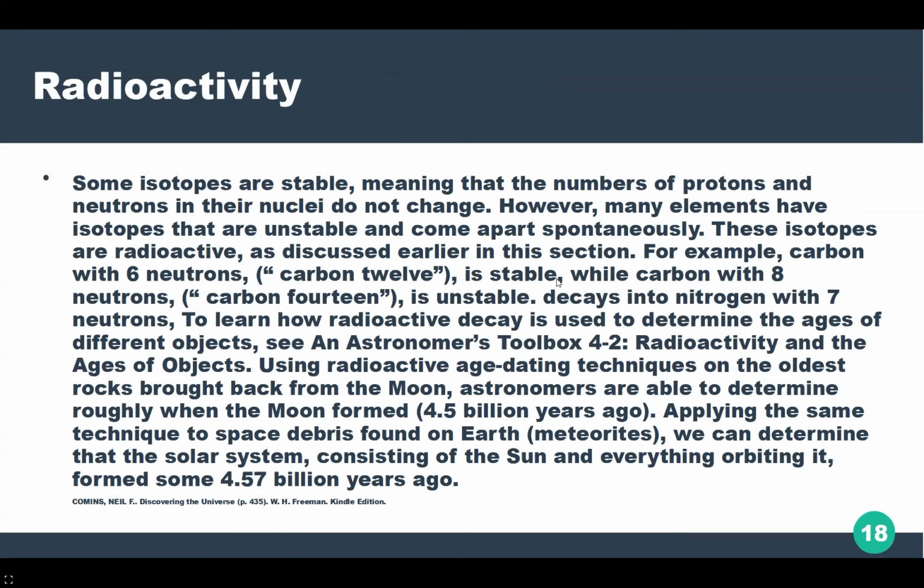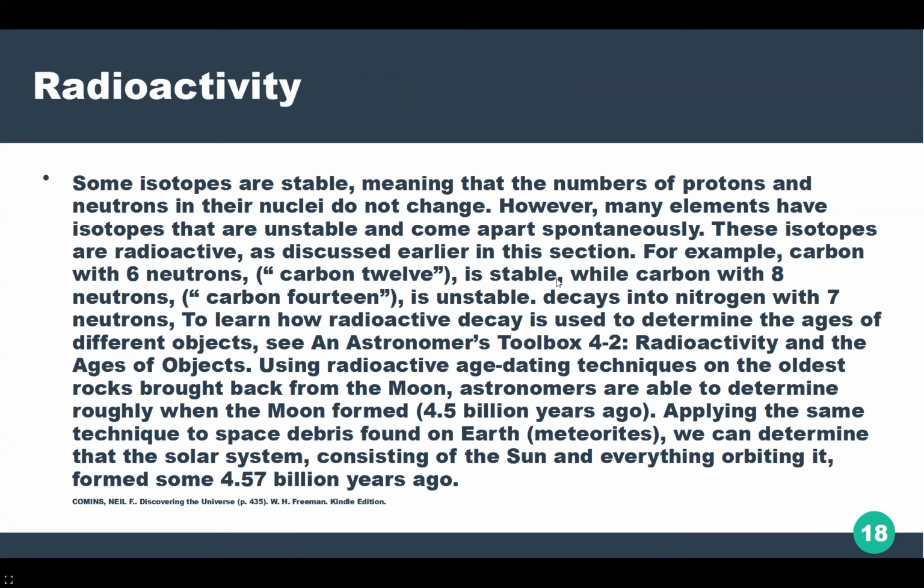So by looking at how much of the material is still one of these radioactive isotopes, rather than having decayed into a different material, you can tell the age of the object because you can know how much it has decayed in that time.